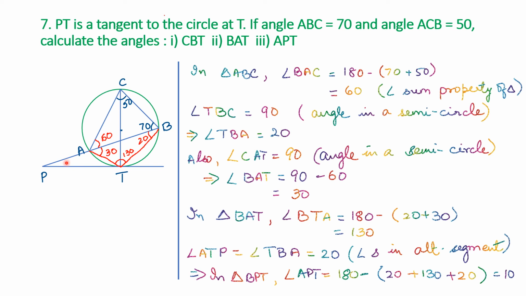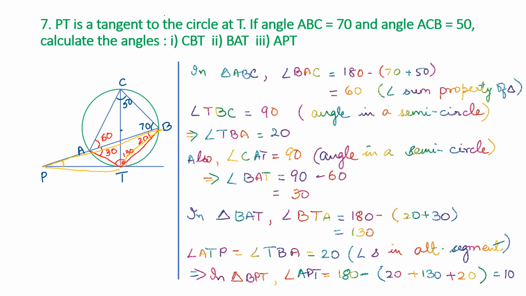In order to find out this small angle, I am considering triangle BPT. In this triangle, if you can see, I know that this angle is 20 degrees.